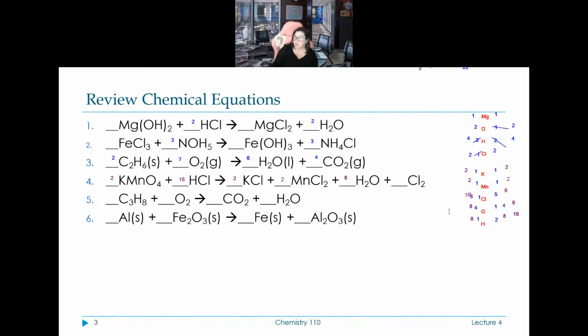That goes to 2 Cl plus 4 Cl. So 2 from here, 4 from there. That gives me a total of 6. And I need 16. So I can multiply this one by 5, and that gives me a total of 16. All right.